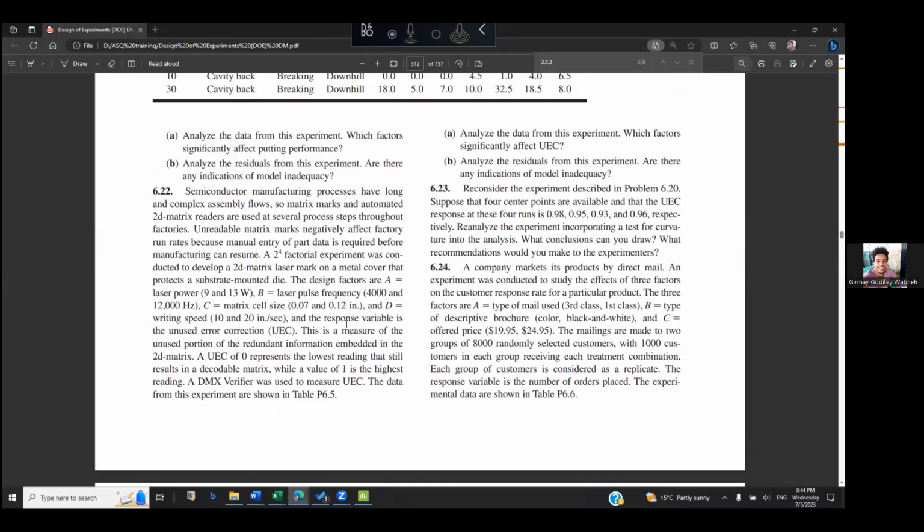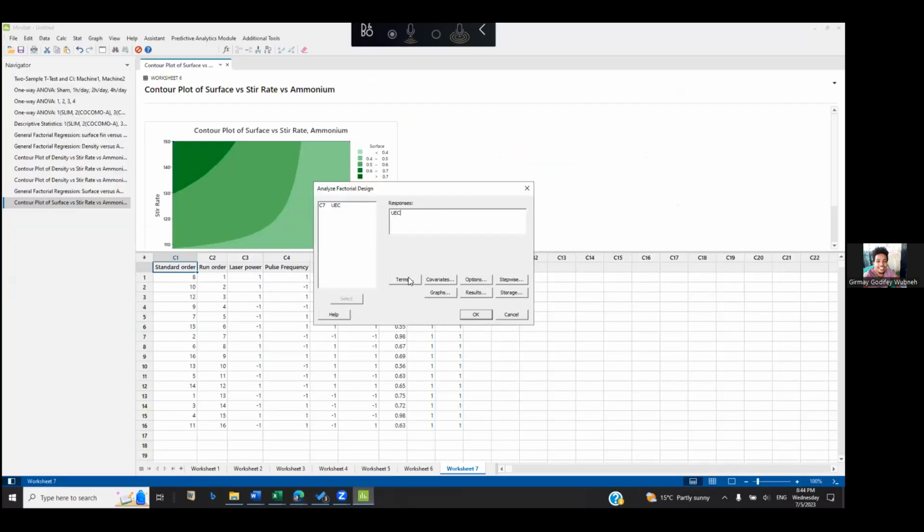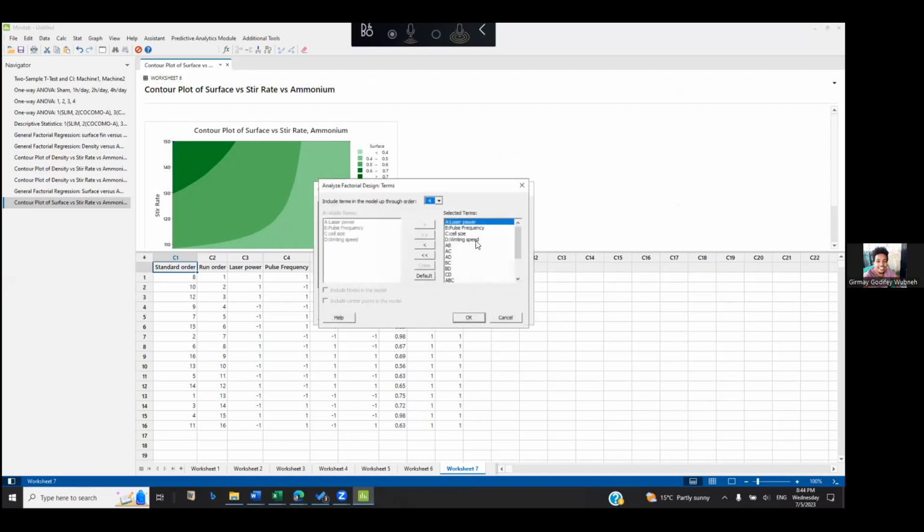UEC is the response variable, the unused error correction factor. Since we have a sufficient number of degrees of freedom, we include the interaction effects.